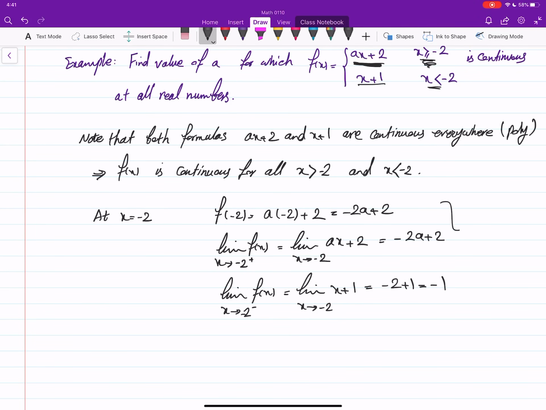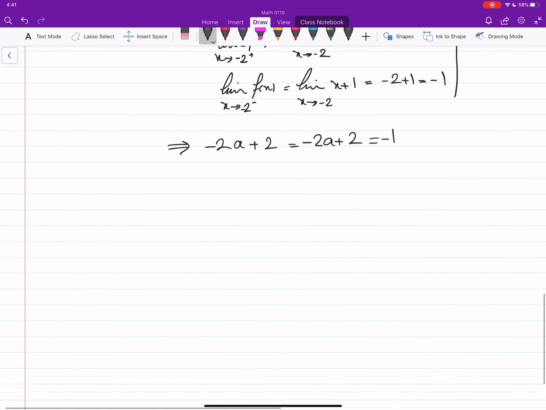Now we have to set all these numbers equal to each other, left, right, and the function itself. But the value of the function and the right limit are already the same thing. So let me just write this. This needs to be equal to -1.